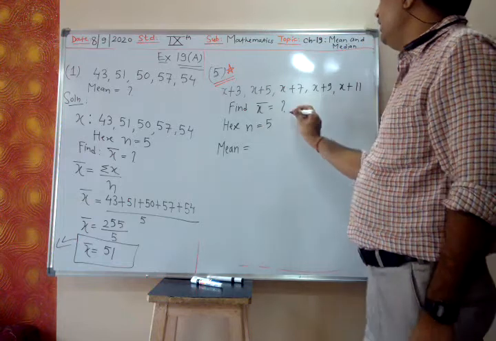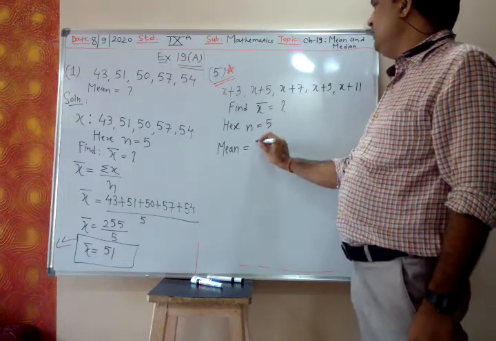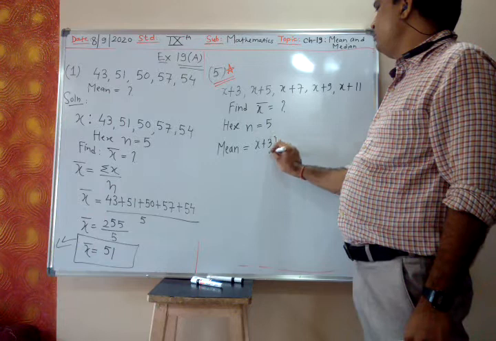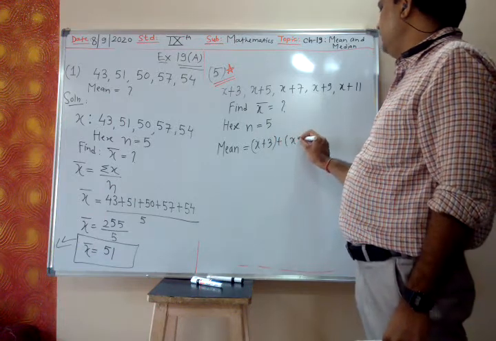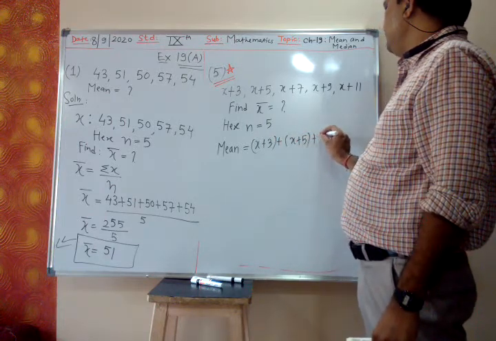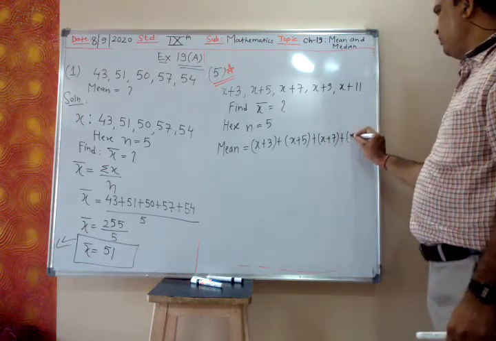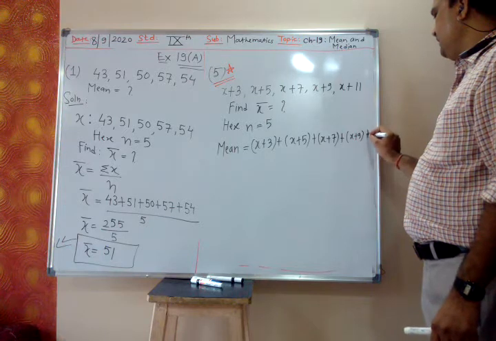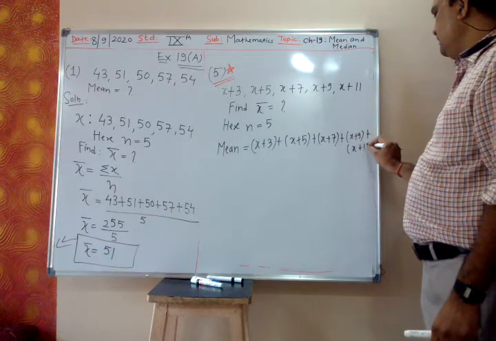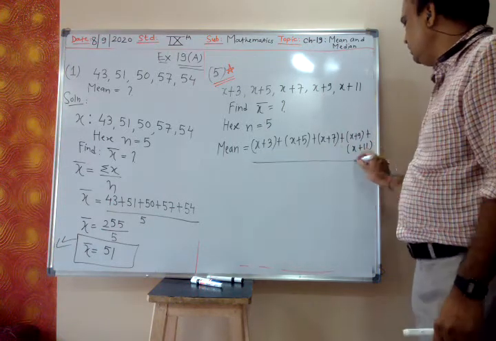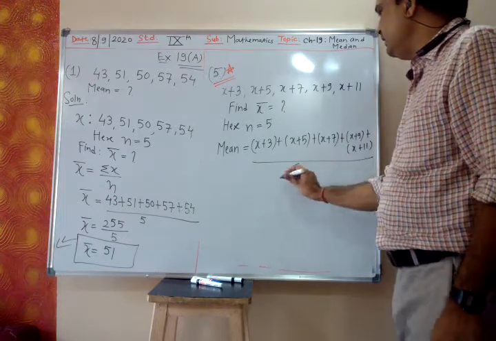So we add all the values: x plus 3 plus x plus 5 plus x plus 7 plus x plus 9 plus x plus 11, and divide this total by the total number of values given, that is 5.